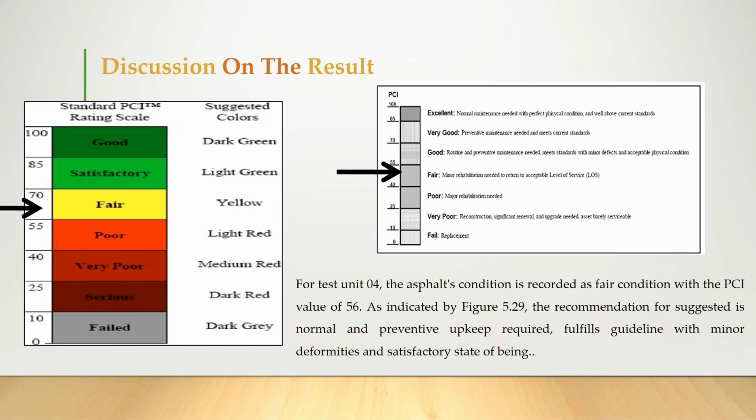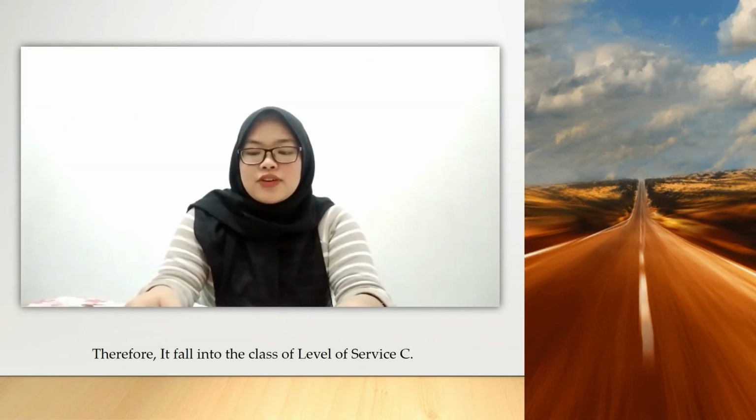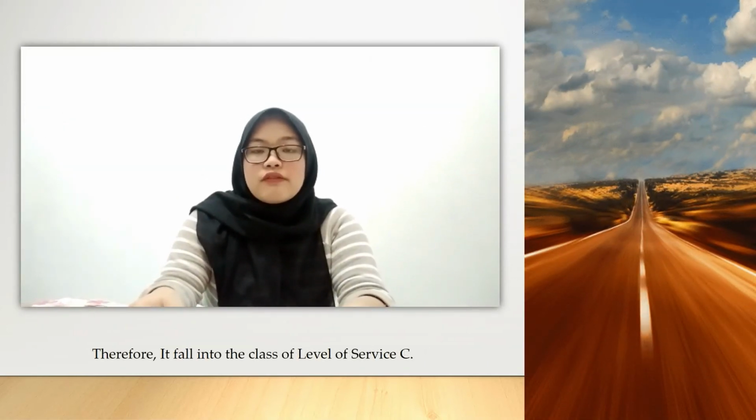As indicated by figure 5.29, the recommendation is normal and preventive upkeep required, full-face white line and minor deformities and satisfactory state of being. Therefore, it falls into the class of level of service C.